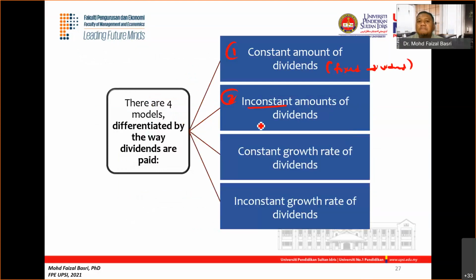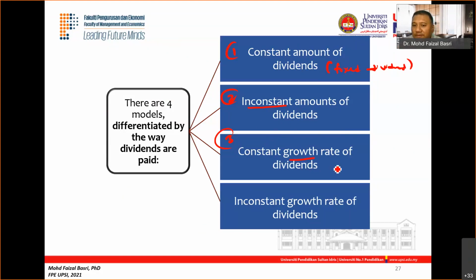The third model is known as constant growth rate of dividend. For this third model, we're going to assume that the amount of dividend will increase every year, hence the word growth.